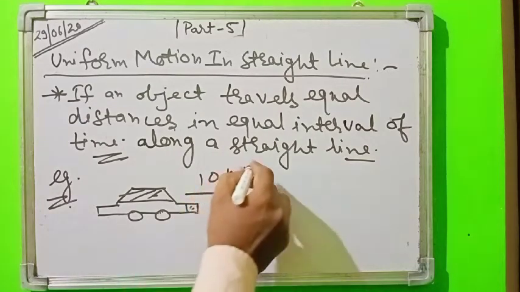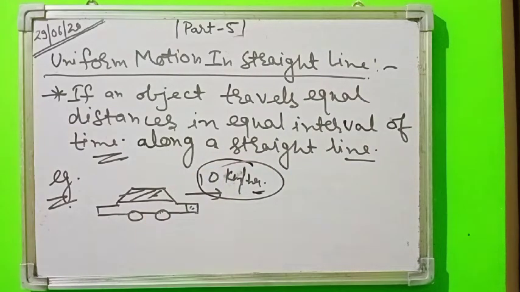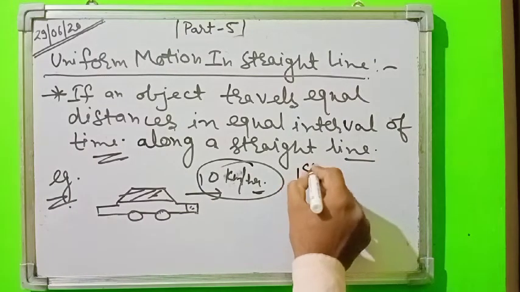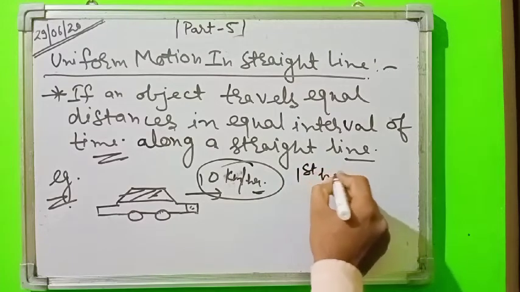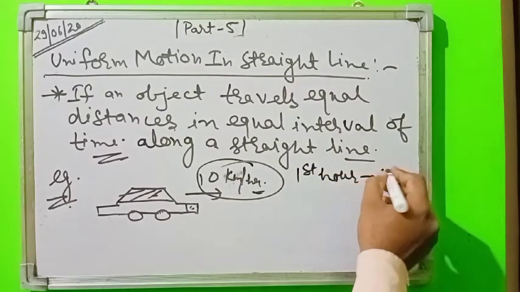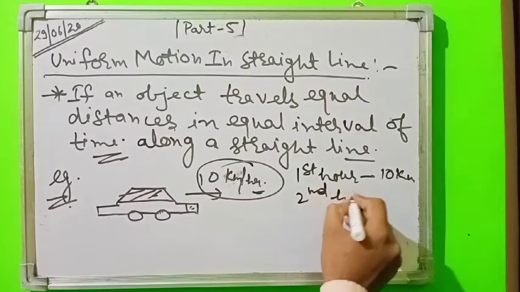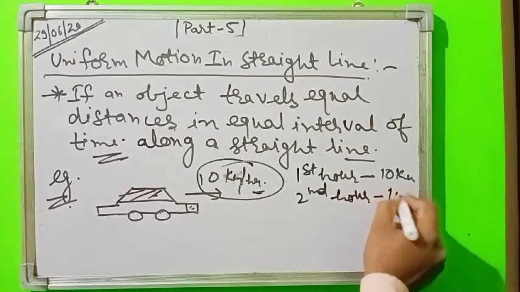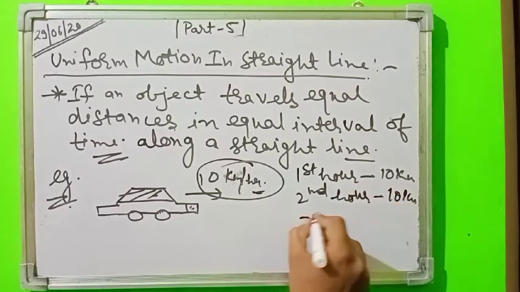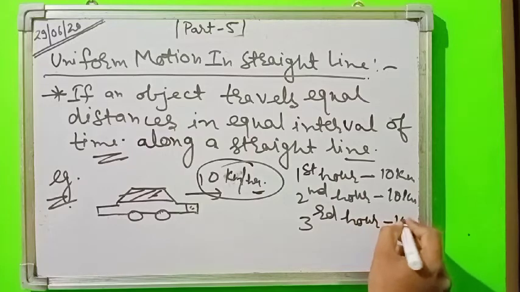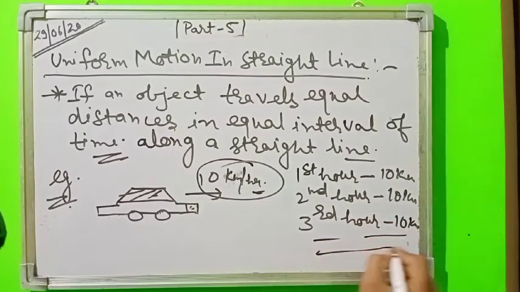It means that in the first hour it travels 10 kilometer, second hour it travels 10 kilometer, third hour it travels 10 kilometer, and so on.